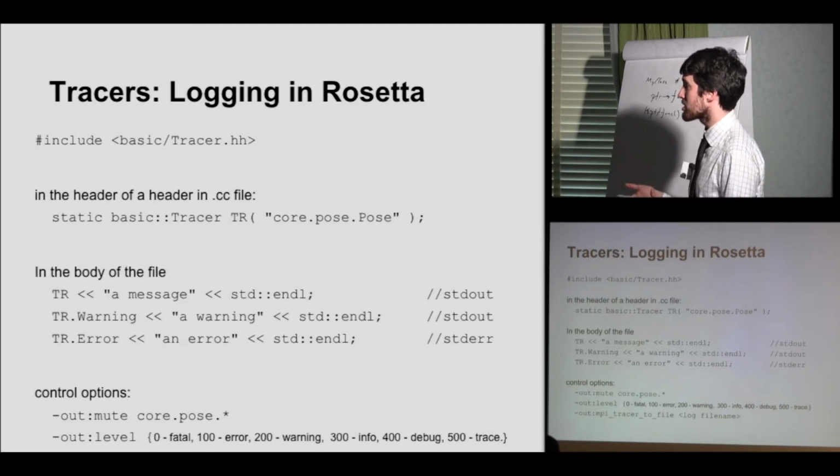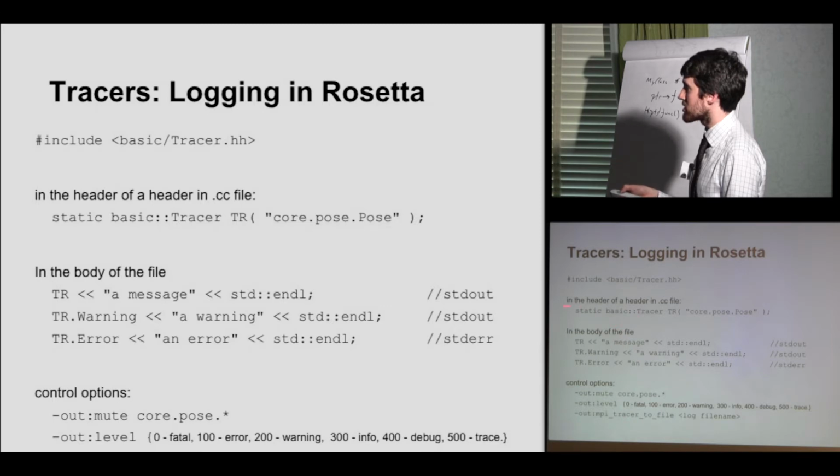They behave pretty much like you would expect stream operators like cout to work, except we have more control over whether or not they're actually put to the screen, and they have an additional tag at the beginning to show where the message came from. So if you wanted to do this in your program, which you'll have to do, you will include basic tracer.hh, a file in the basic directory.